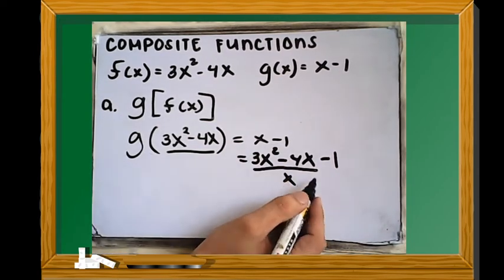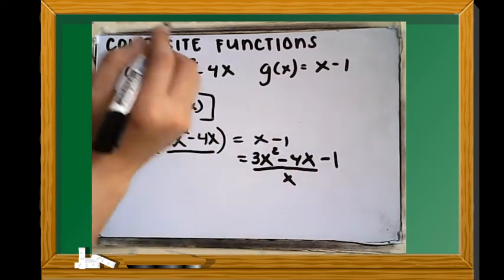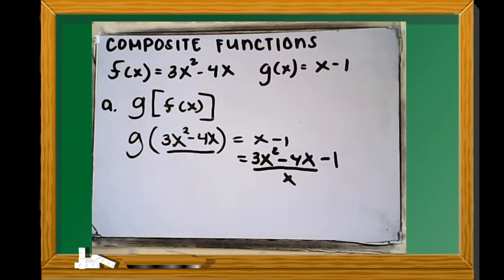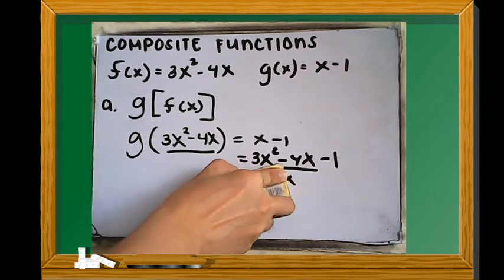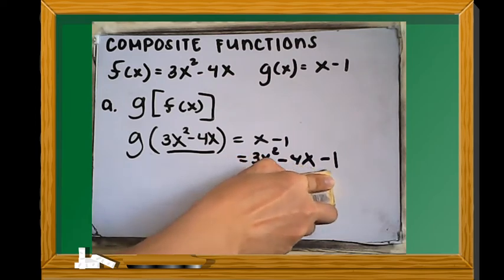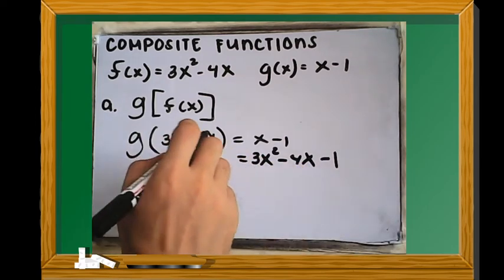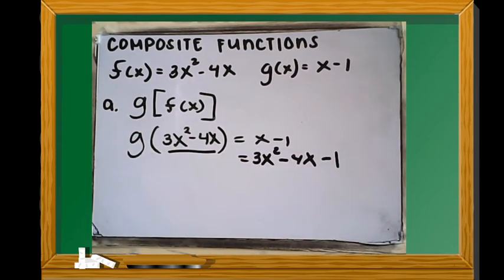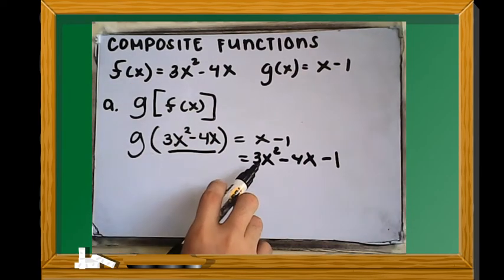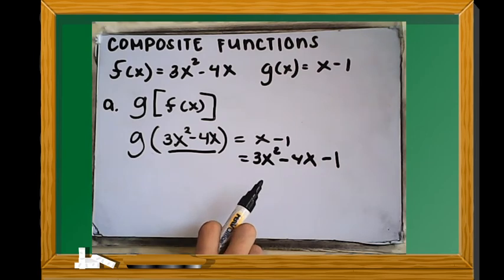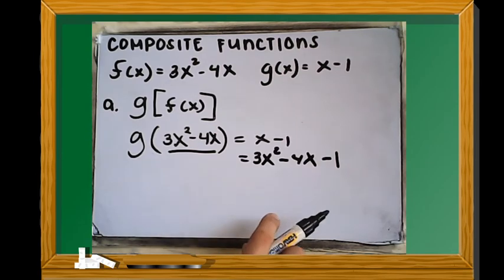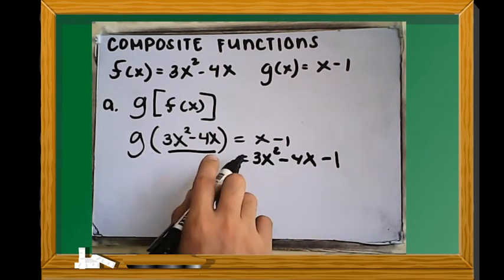And then minus 1. So ayan, dinugtong lang natin si minus 1. So instead of x minus 1, napalitan siya ng 3x squared minus 4x. And then perform the operation. Since we cannot combine any more like terms because there are no like terms, this will be the final answer.